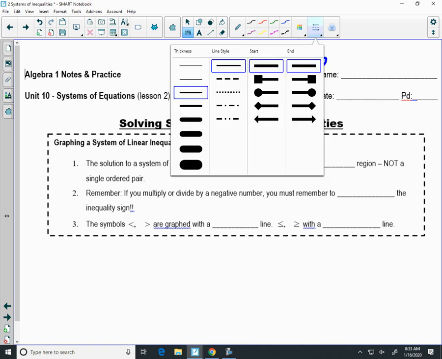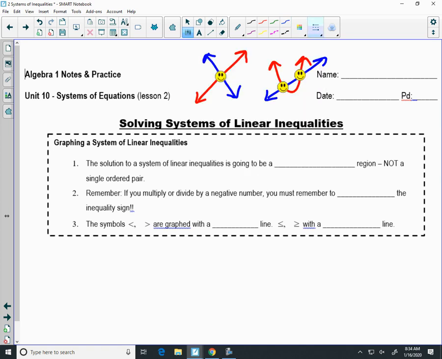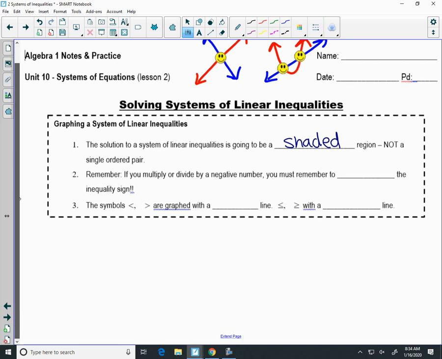It's very similar to equations. But the solution to a system of linear inequalities is going to be a shaded region. So today it's going to look like this.